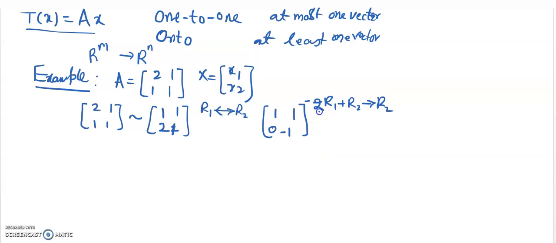Then from the next step, we have 1 1 and 0 -1, and we multiply the new row 2 by -1. So what we get over here is 1 1 and 0 1. So now this is the matrix in the echelon form.